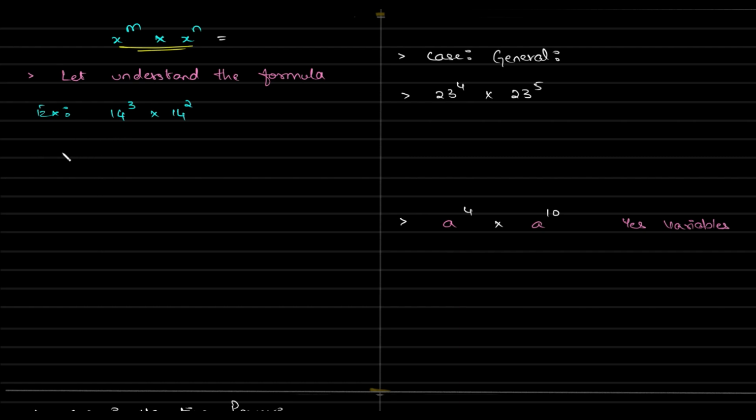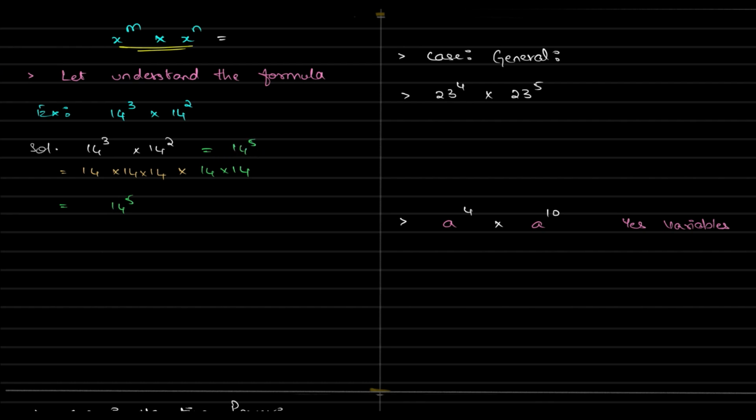So what does 14 to the power of 3 mean? 14 into 14 into 14. And 14 to the power of 2 is 14 into 14. So in total, how many 14s are there? Well, 5 14s are there. So can I write this as 14 to the power of 5?